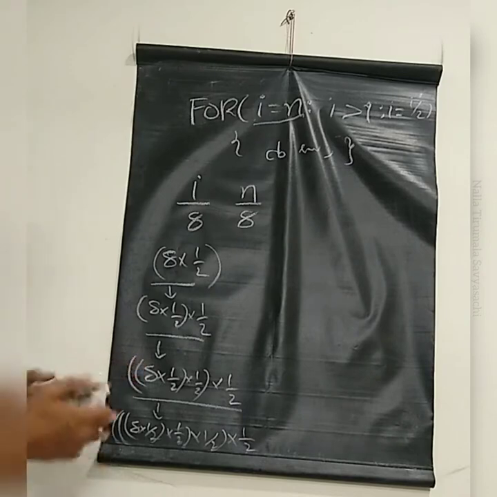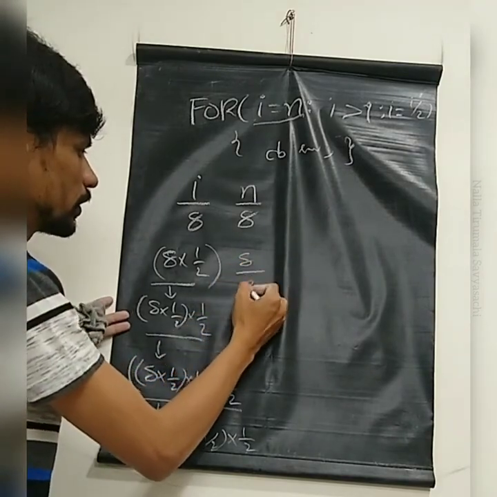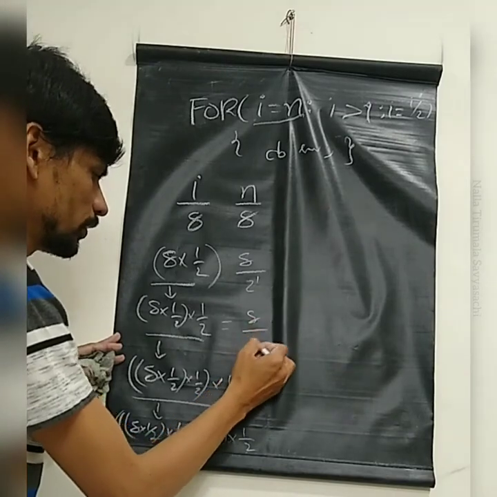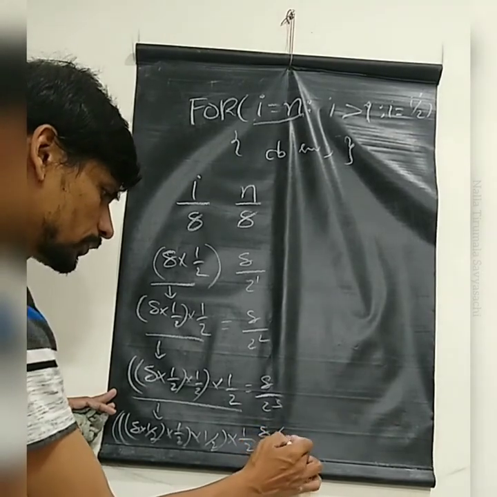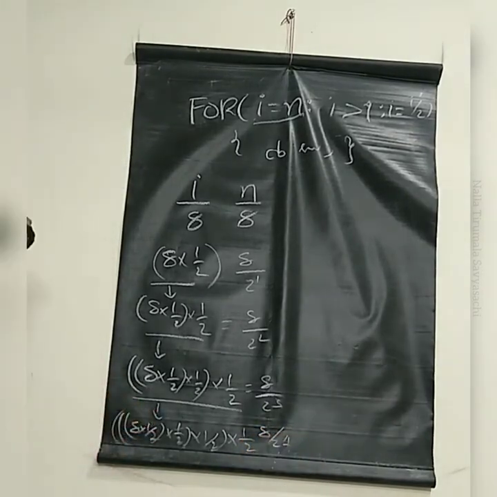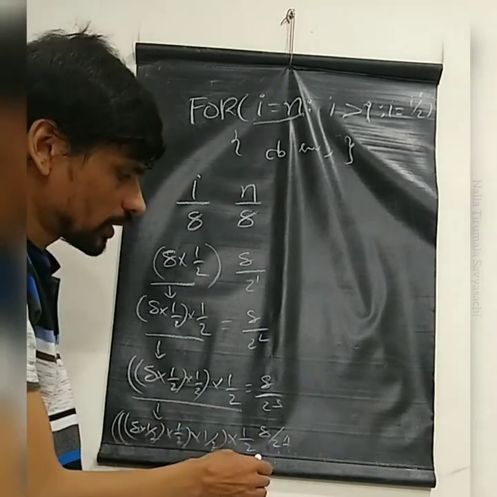So what exactly are we doing here? See here, 8 by 2 power 1, 8 by 2 power 2, 8 by 2 power 3, 8 by 2 power 4 and so on, right?